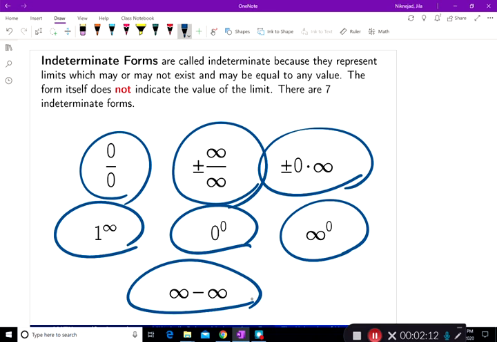These are the 7 forms, and we would like you to memorize this and know what forms are indeterminate forms.